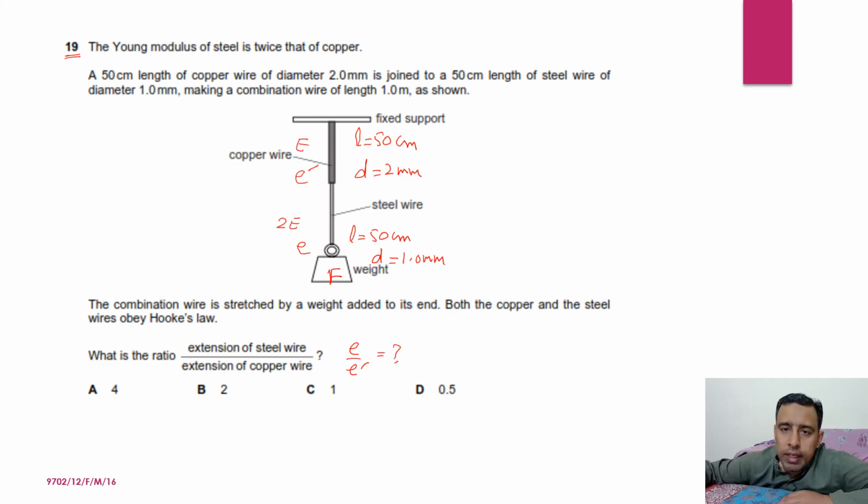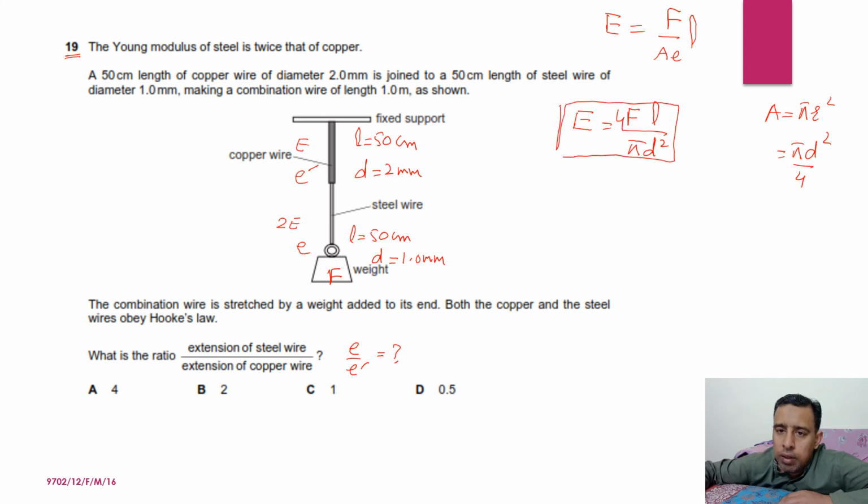Just to recall a relation, you know that the modulus of elasticity is F over A, e by L, and this area is always pi r square, and for the cylindrical wires we may write it as pi d square by 4. So this E can be written as F L over pi d square by 4. So this is the formula which is always required.